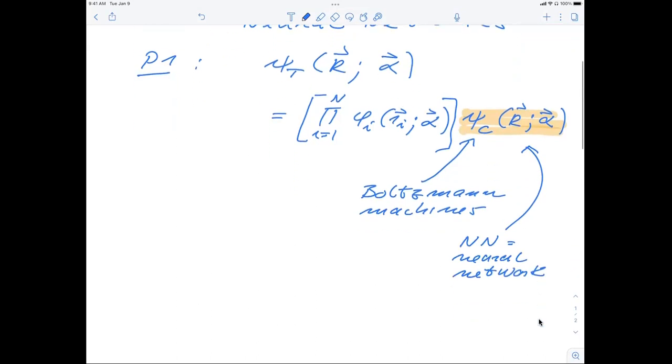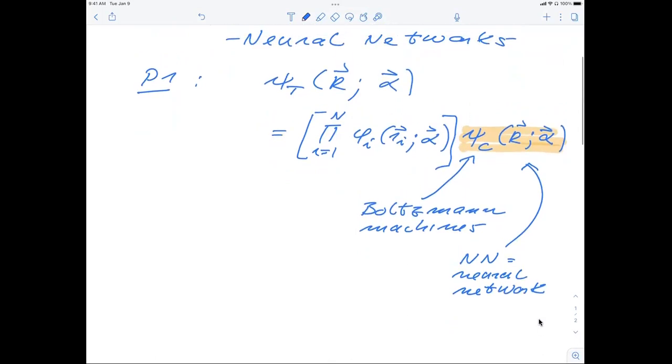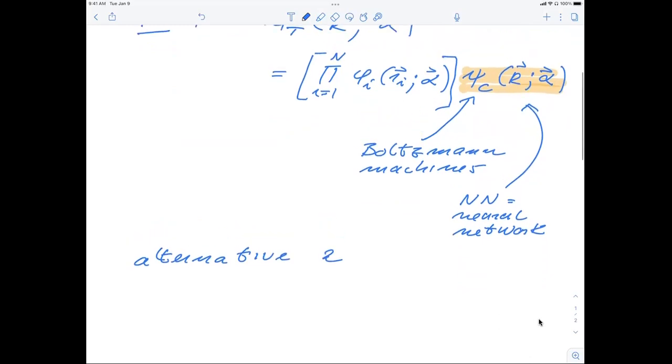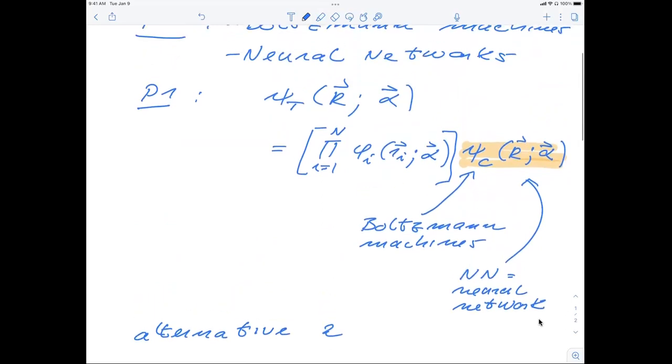Now, alternatively, this is an alternative 1, and an alternative 2 here, which we are going to explore as well. So this is what we might call alternative 1. In project 1, we did that.